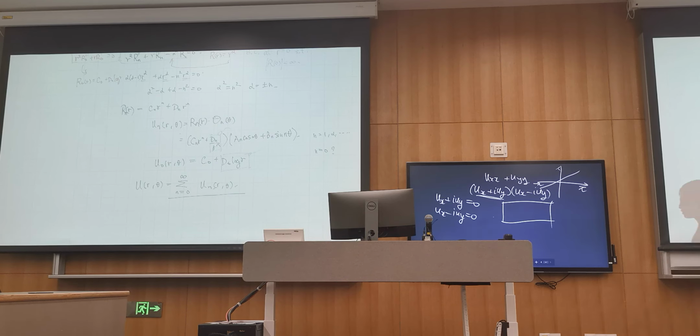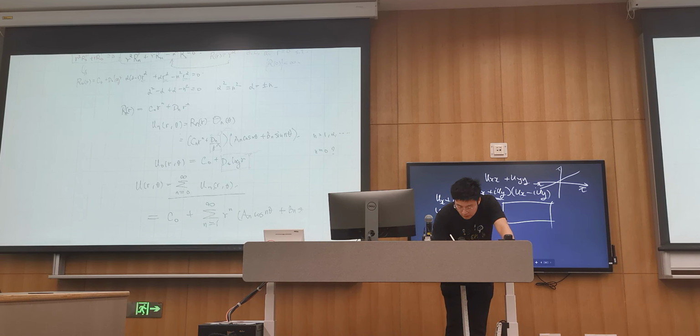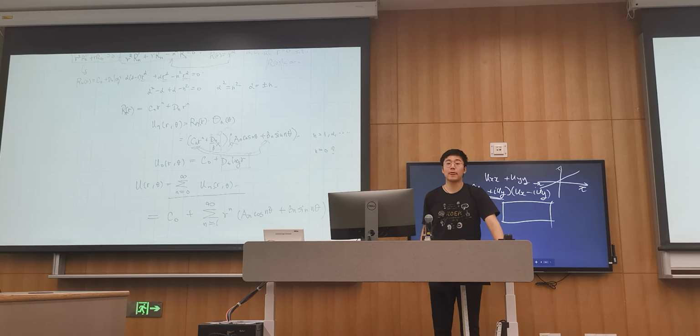right? So this means that my u r theta is written as something like C0 plus the sum n from 1 to infinity of r^n times an cosine n theta plus bn sine n theta. Actually, the Cn over here can be absorbed into an and bn.